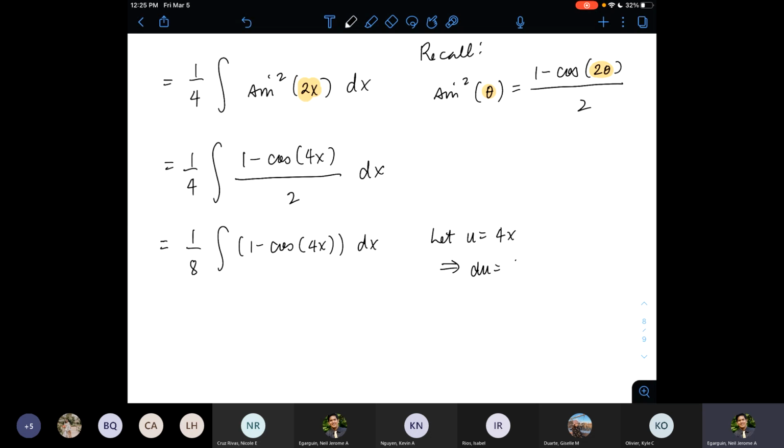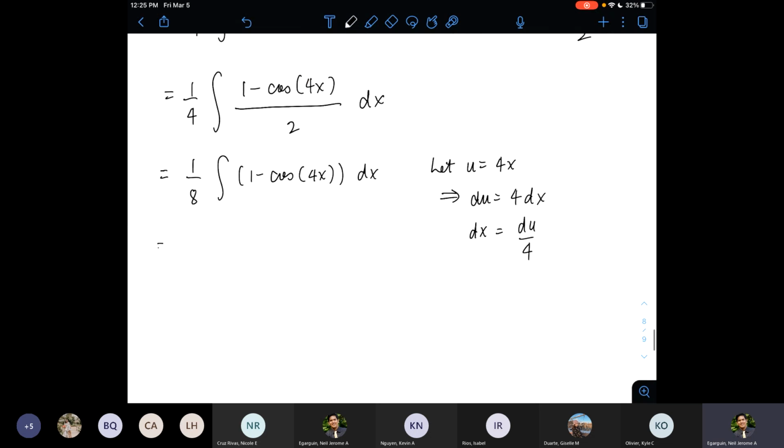requiring du to be equal to 4 dx, or dx is equal to du over 4. So if we do the substitution, we'll have 1 minus cosine u, and then dx is du over 4. So we'll have a 1 over 32 here.